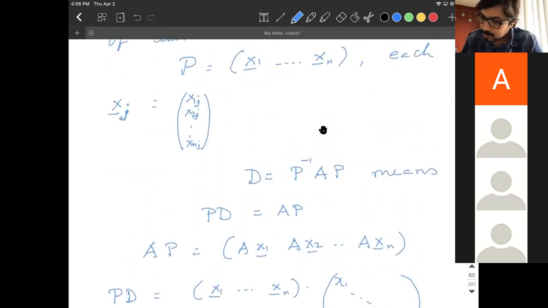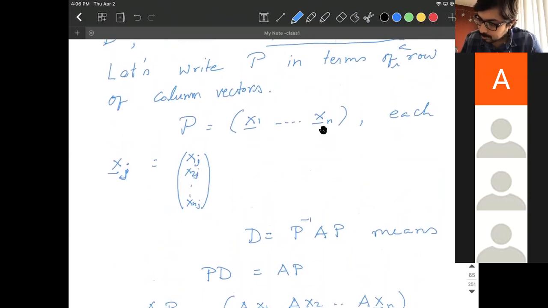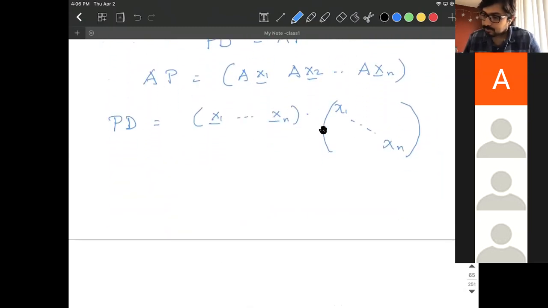If you check the multiplication, this gives you precisely lambda 1 x1 up to lambda n xn.